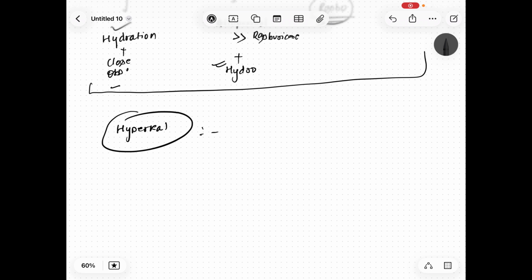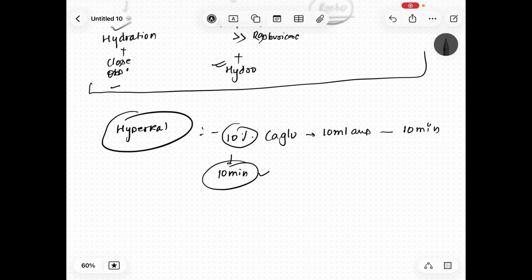How do we give it? It is given as a 10% solution, 10 ml ampule over 10 minutes. It can be repeated after 10 minutes.